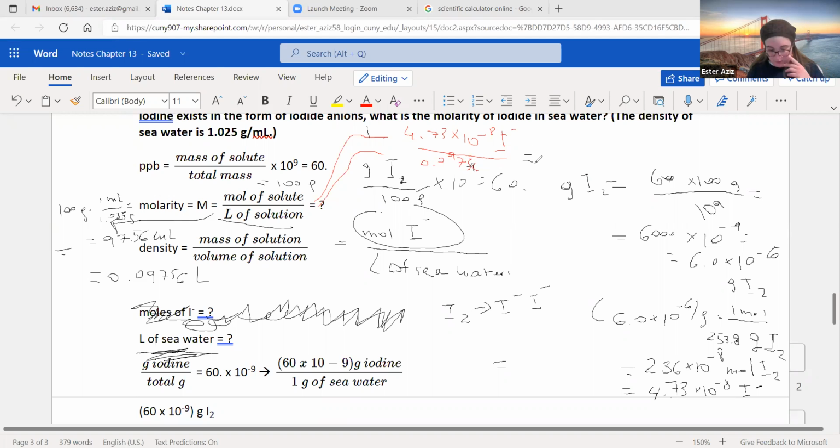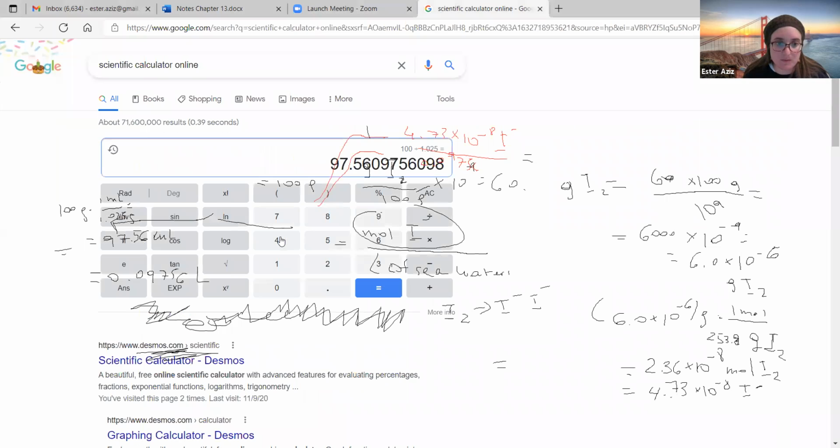And that is equal to 4.73 divided by 0.09756.